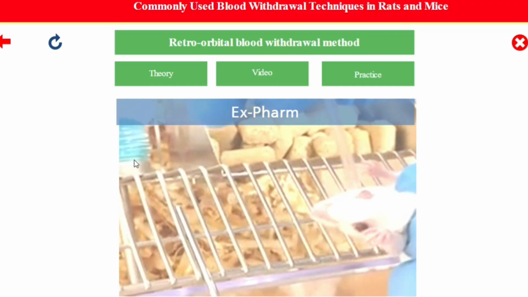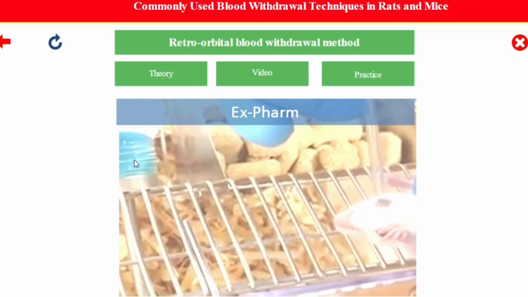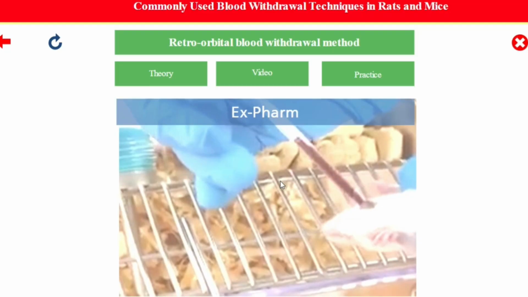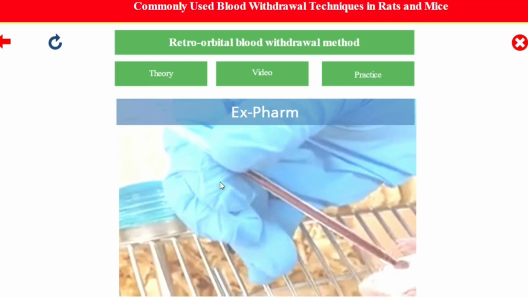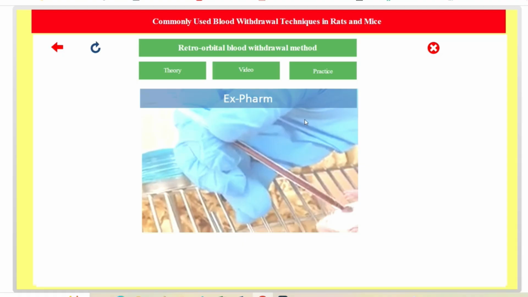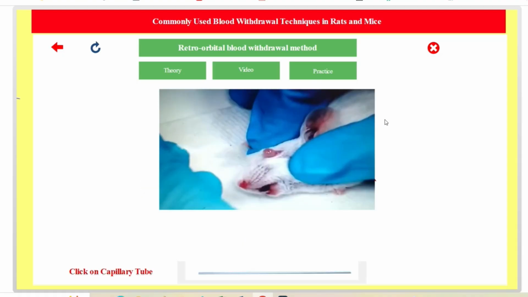While you insert it into the eye, you can see the blood is moving out. So next we will see the practice. We will click the capillary tube. So now we will collect this in an eppendorf tube or in a test tube. So we will see the next one.